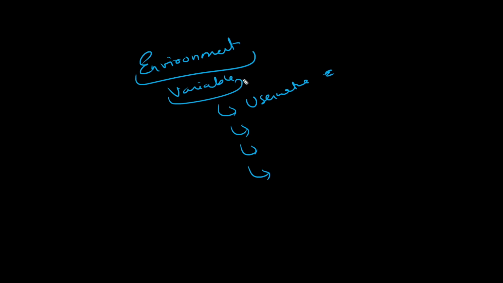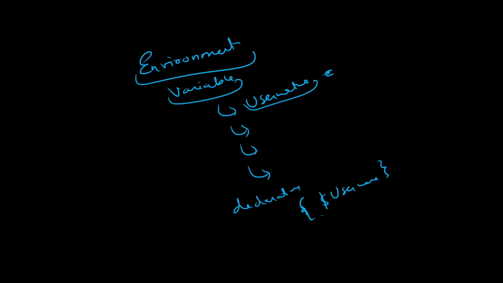You can define it inside an environment, and then you can use this particular username variable while writing declarative code as well. In the declarative code, wherever you want, you can go ahead and use this username. So that is one way of understanding an environment.